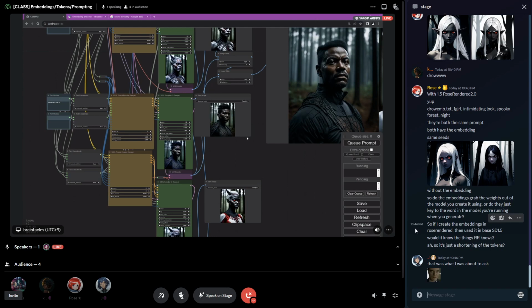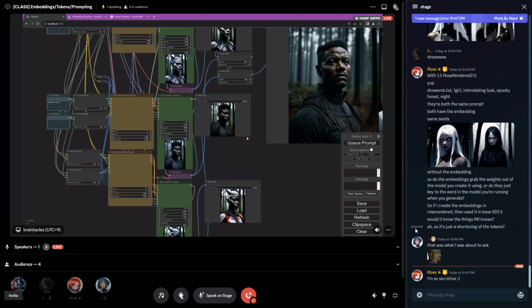This is very nice because, for example, Rose is very good at prompting, and maybe she's secretive about her prompts and doesn't want to share them. You could just create a Rose-style prompt without actually sharing the prompt. You could create an embedding and share that, and nobody will know what it is.